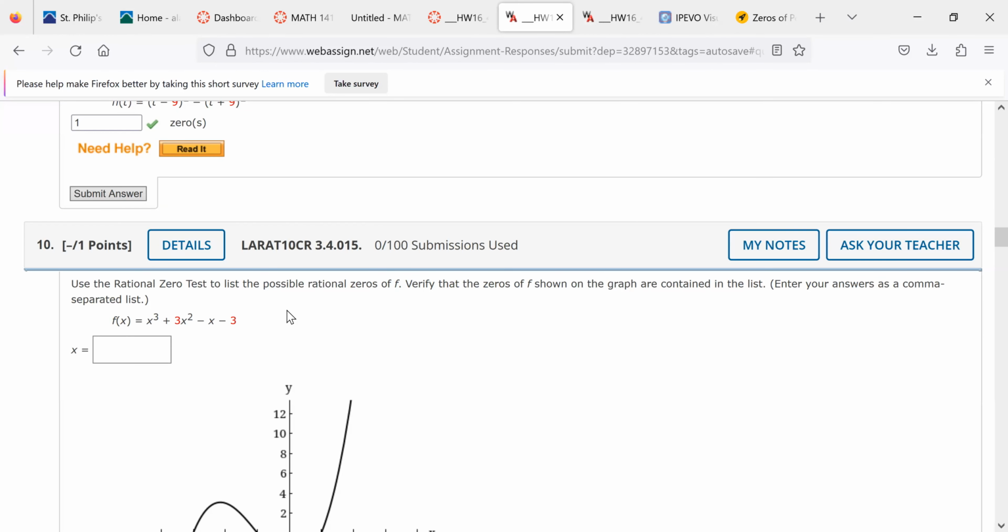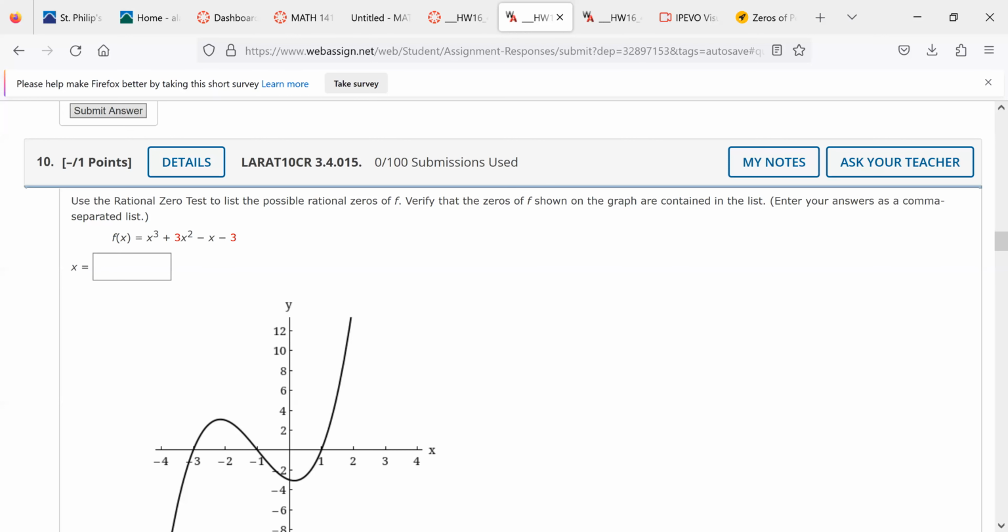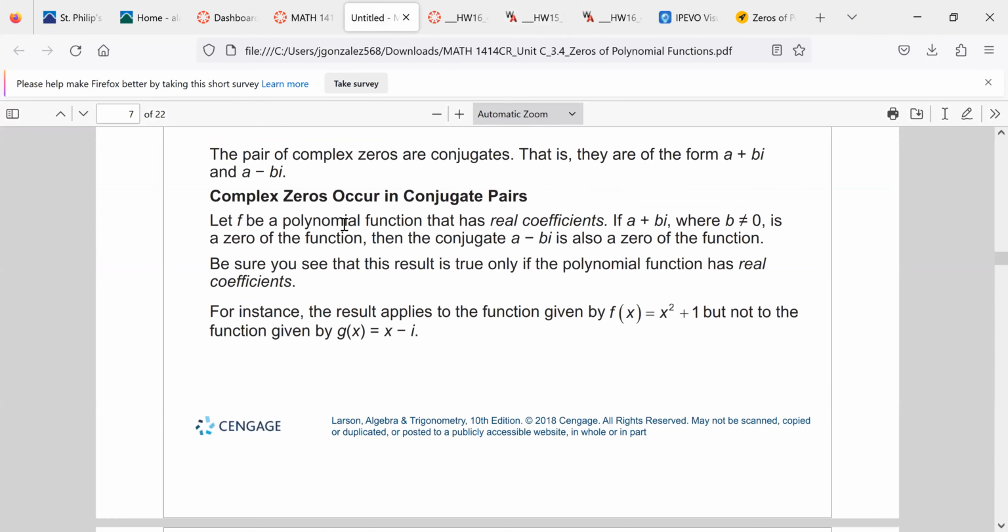So use a rational test to list the possible zeros. So this is the technique I thought I wanted to do for the first one. So what you do is you take the constant, the number 3, and the leading coefficient, and you divide them. Okay. I think I pulled up the notes earlier here.